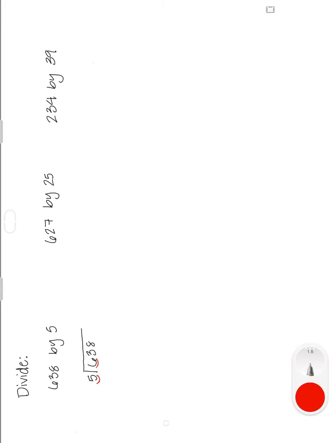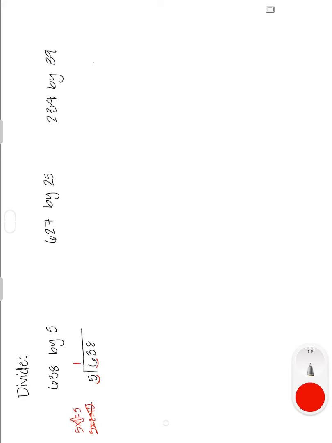If we don't remember, we can go back to the times tables of 5 and see when 5 times a number gives you something close to 6 but not over 6. So 5 times 1 equals 5. 5 times 2 equals 10. Well, 10 is already over 6, right? So that means that 5 goes once in 6.